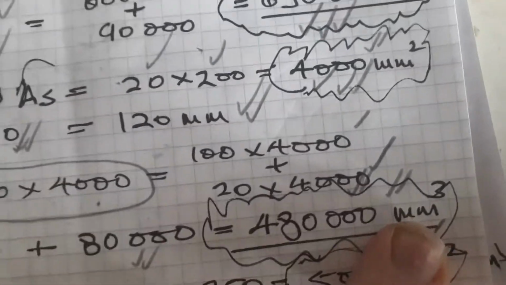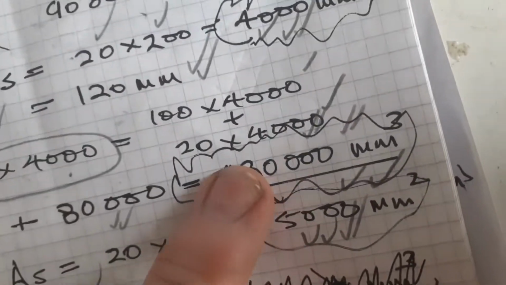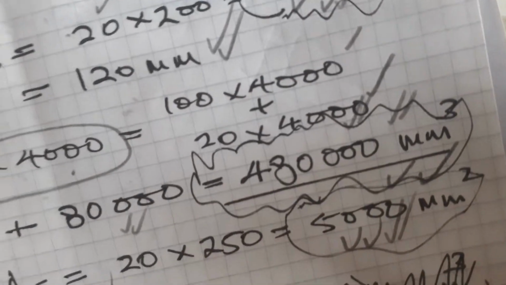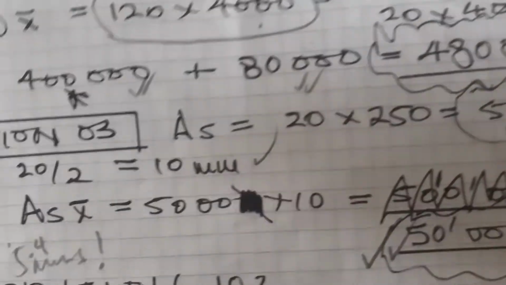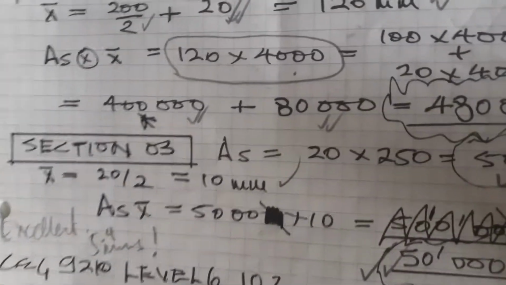Just for me, I think it's easy to work these out without a calculator, because if you break it up into 2 parts, it's just as quick as using a calculator. And then the final one is section 3, the bottom flange.